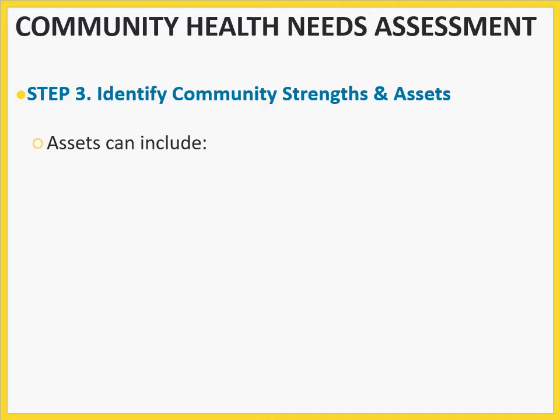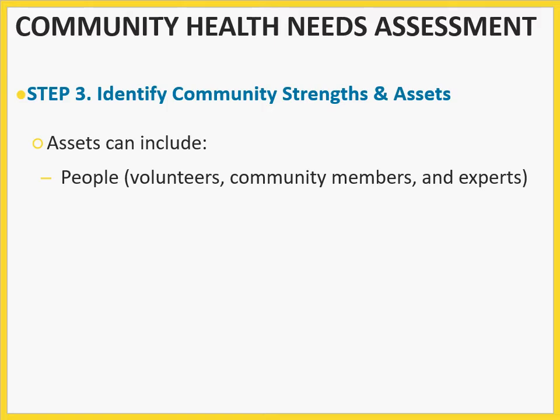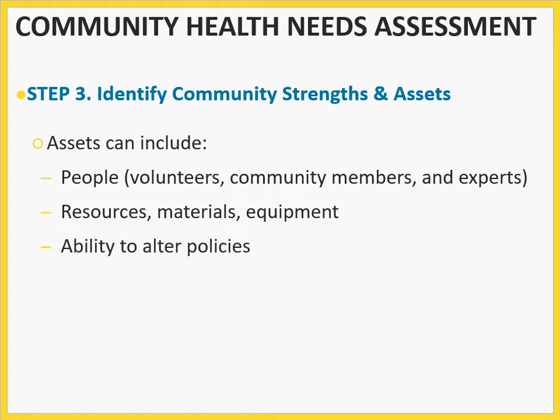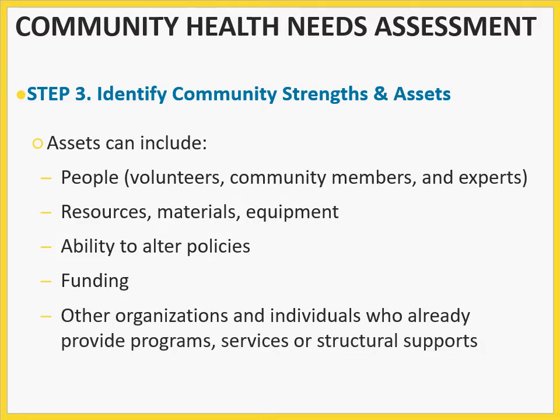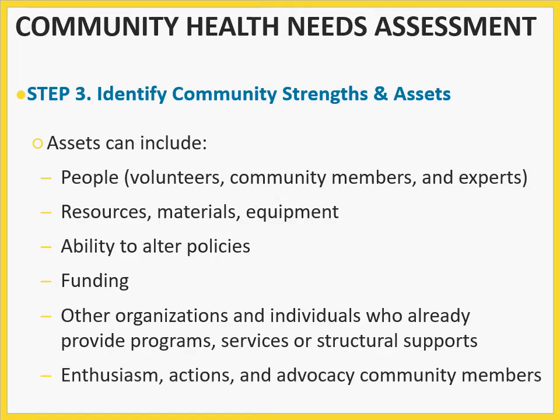Assets can include people, so volunteers, community members, experts, resources, materials, and equipment, the ability to alter policies, funding, other organizations and individuals who already provide programs, services, or structural supports. Assets can also be the enthusiasm, action, and advocacy of people within the community. Remember, communities have many strengths, not just needs.